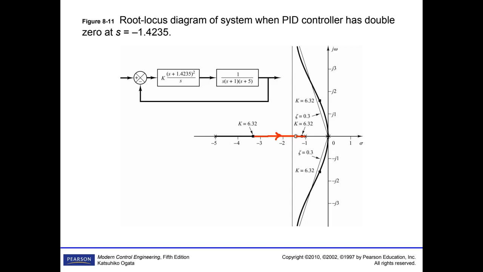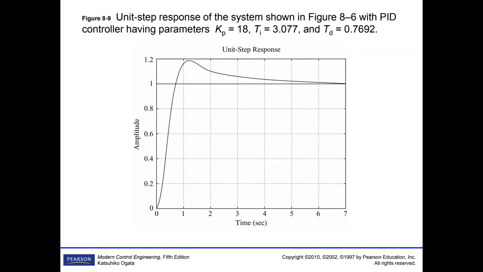This is the zeta 0.3 curve. Although zeta is slightly getting better, that 0.3 is very low. We are not happy. Why are we not happy? I'm going to come back to that curve. Unit step response curve designed by using the Ziegler-Nichols tuning rule.